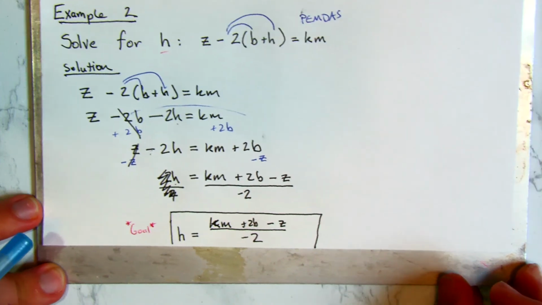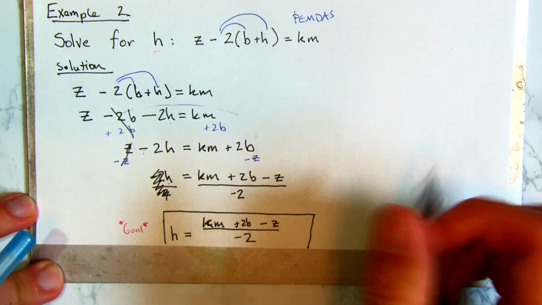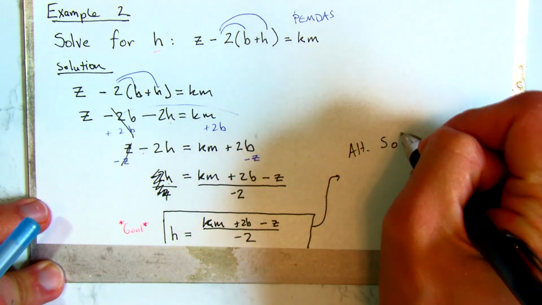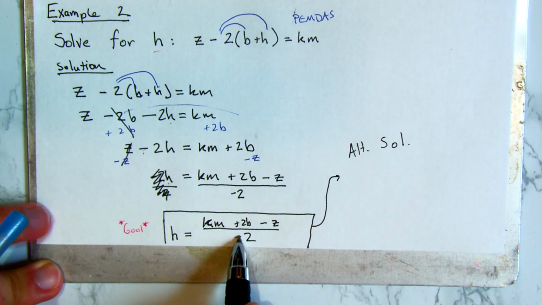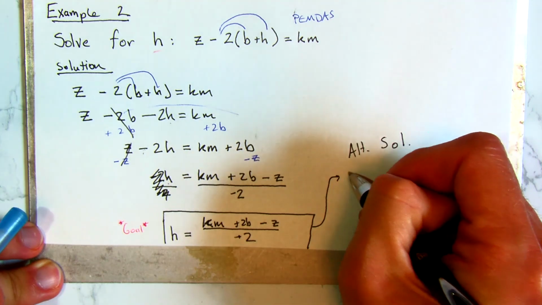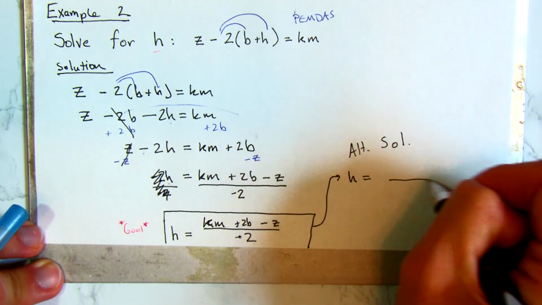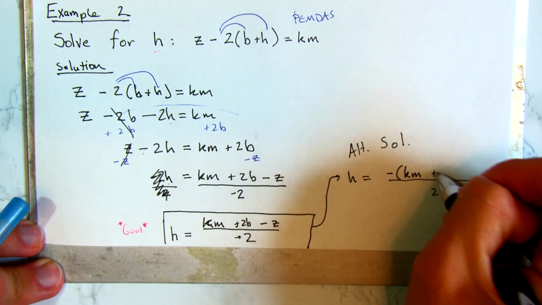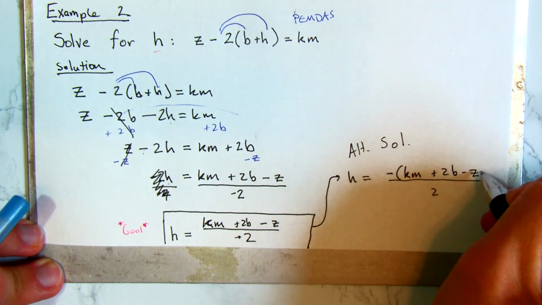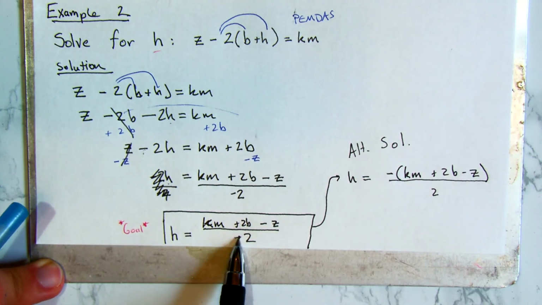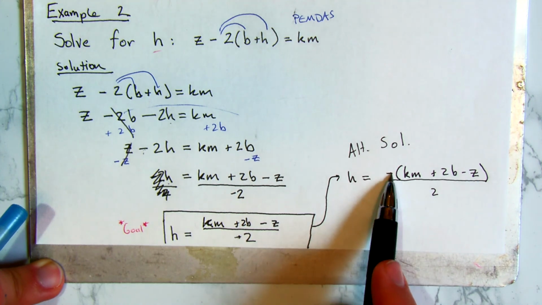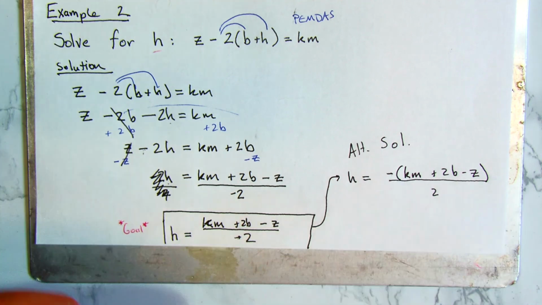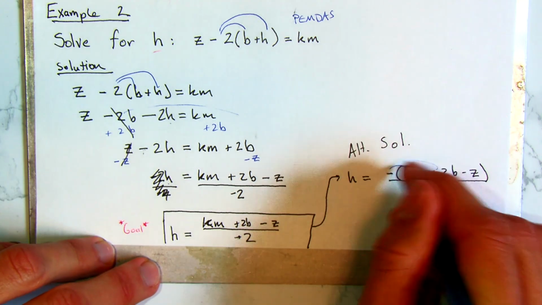Now, sometimes you'll see this written differently. So here's an alternate solution. You might see this negative sign taken off the bottom, and this is totally optional here, by the way. So what some textbooks do is they move the negative sign to the top, and since the top has 3 terms, 1, 2, 3, you have to distribute the negative sign to each term.